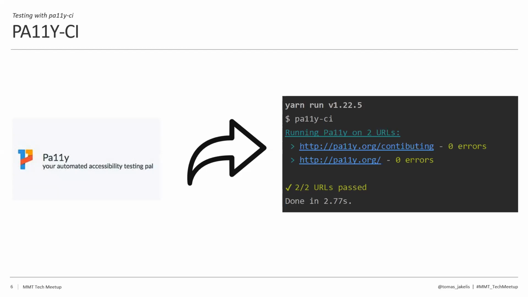So Pa11y CI can be set to run on every single page on a website, or it can run only on URLs we want it to. It will report any alert, anything that is failing, to us, so we can come back and fix those errors.